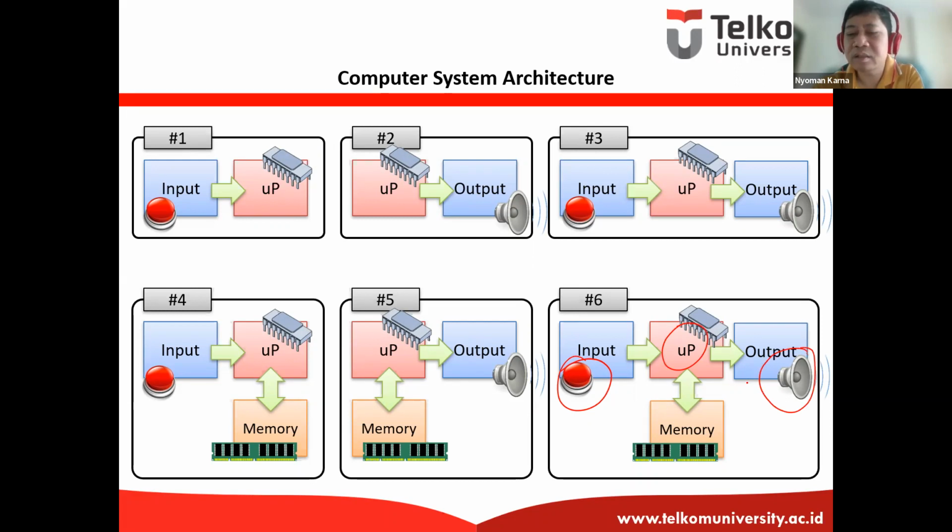And in some cases, we can also store the status of the button in the memory, so we can maybe analyze the data: how many times in a day do we press the button, or how many minutes do we press the button each day, etc. Storing the status of the button, we call it writing the data.